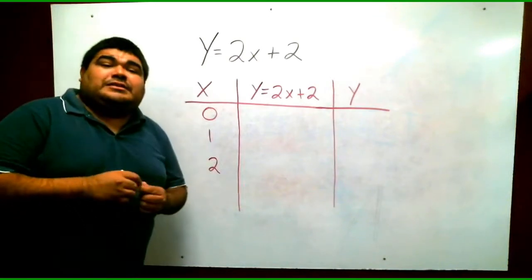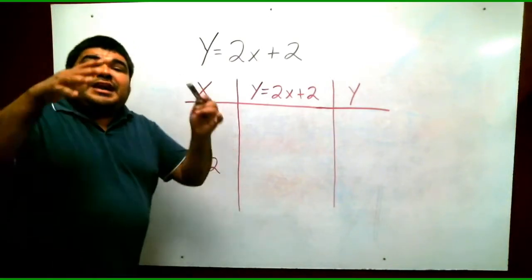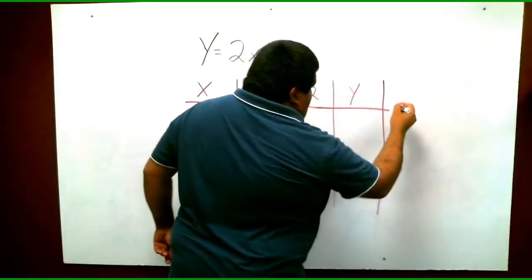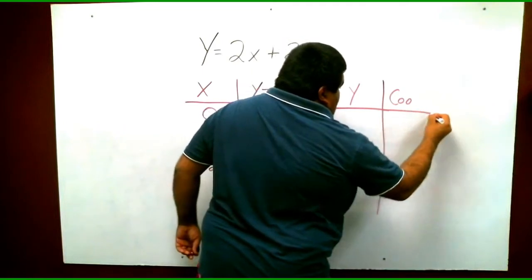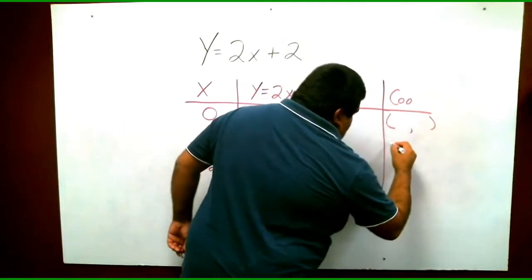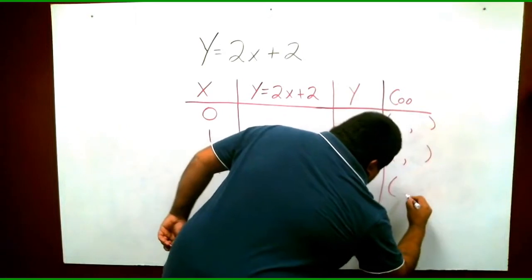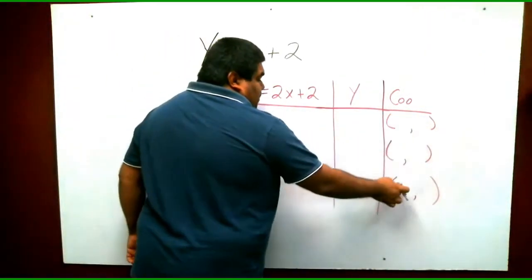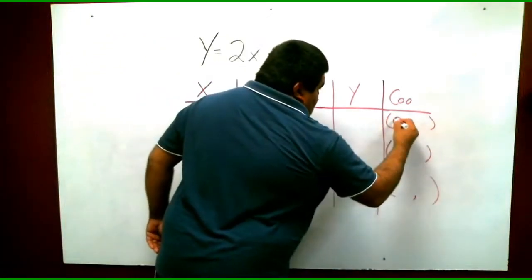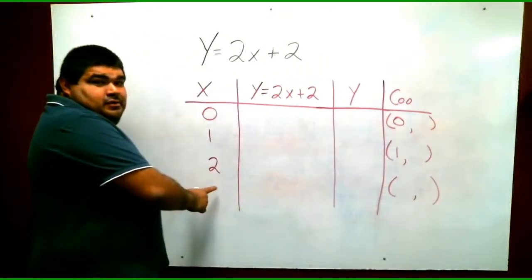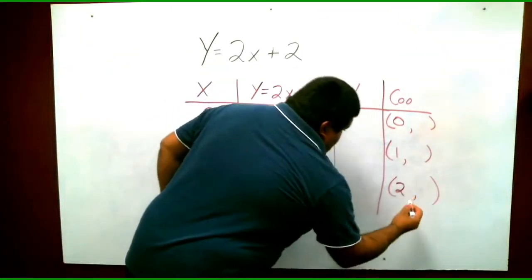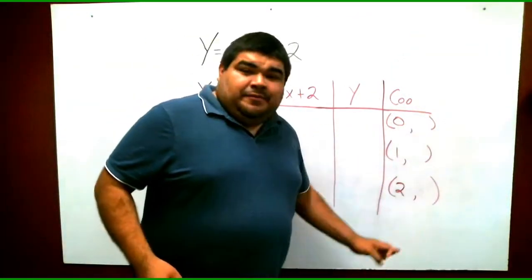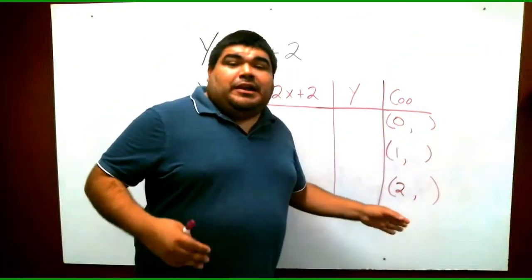I always like to do an extra one where it already has the whole coordinate put together, called the coordinate where we already have our points. Notice that we already have x, so we can plug in x for coordinates. So we have 0, 1, and then 2. Okay? So again, all we want to do is find the coordinates for y in order to graph all 3 points to make our line.